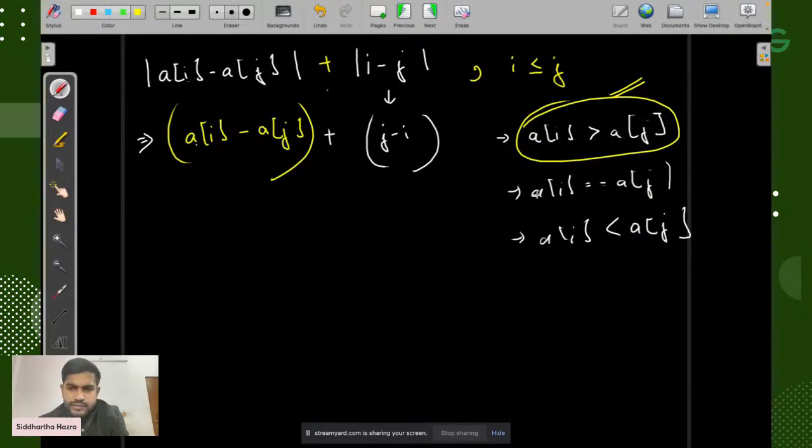So we can just merge it here itself. We don't need a separate condition like i is less than or equal to j. Here also it is the same kind of thing: a of i is greater than or equal to a of j, so the value would definitely be like this.